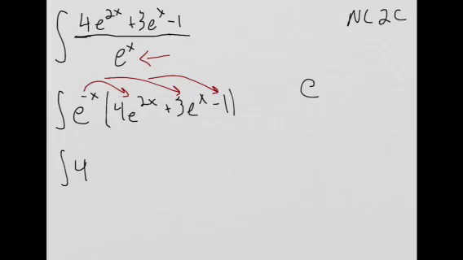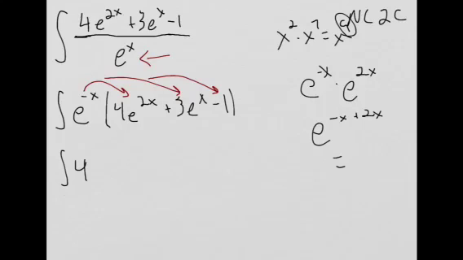And then when I get to e to the negative x times e to the 2x, that's the same as, just like x squared times x to the 7th is x to the 9th, I add the exponents to get that 9. So I add these to get plus 2x, and then negative x plus 2x just gives me e to the x. And that's what I'm going to use for all these.